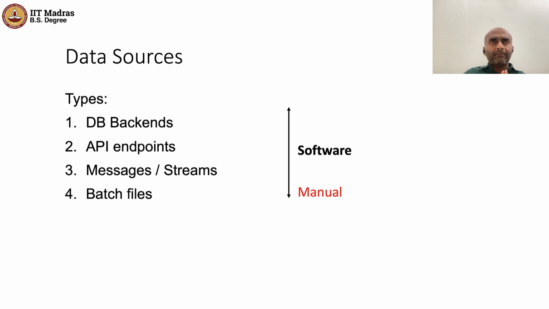Either the point of entry of the data itself is digitized by means of an application or a smart device or a smartphone, or even a call recording or a form entry, etc. Or even if that data is getting captured manually in a notebook, there are mechanisms available that can take that data and digitize it.